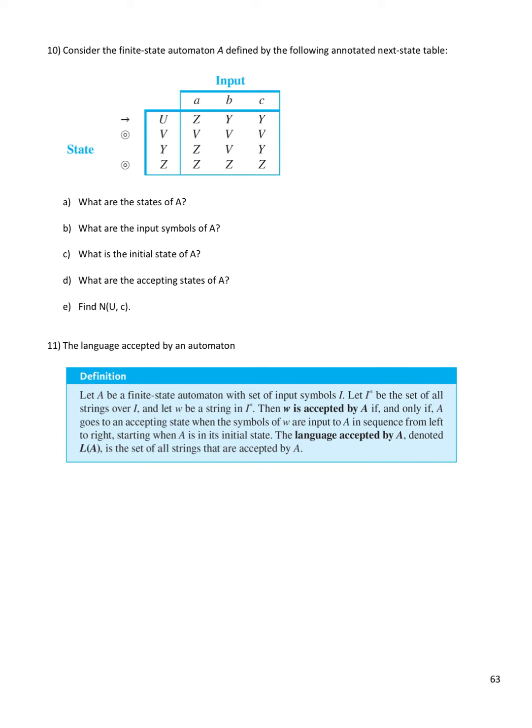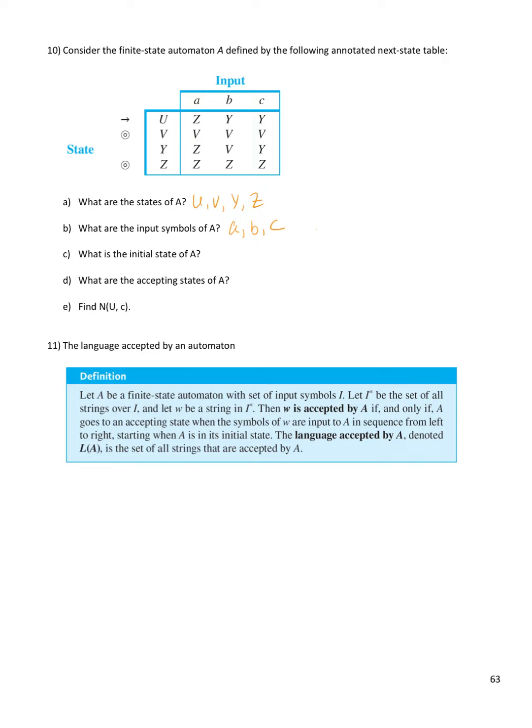So here's a similar problem, except this time we're given a next state table instead of a transition diagram. What are the states of A? Those are written vertically: U, V, Y, and Z. What are my inputs?